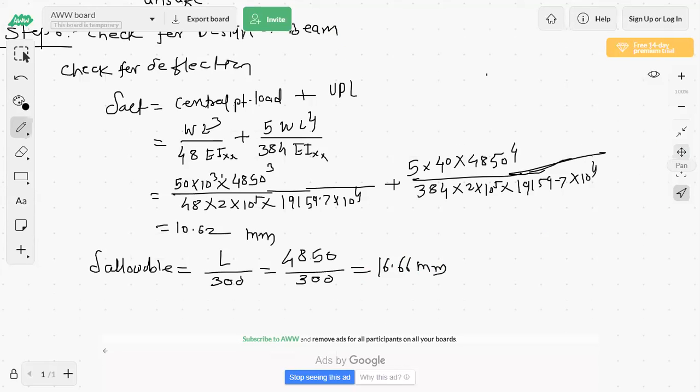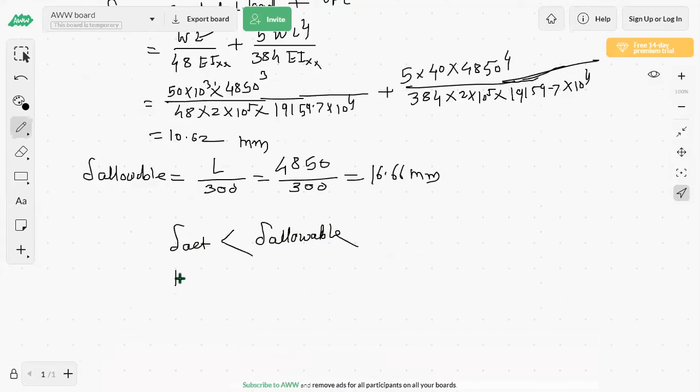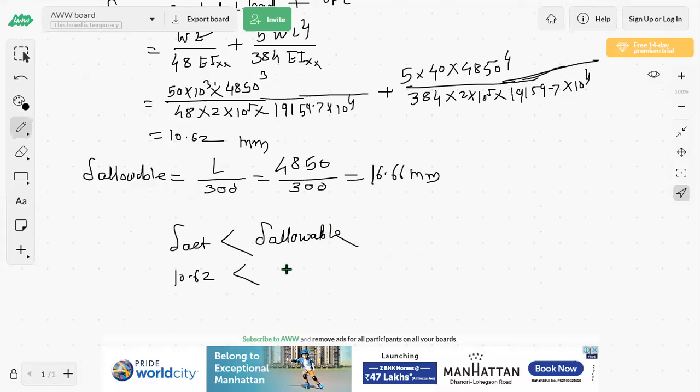So what is our check for deflection? Delta actual should be less than delta allowable. Here delta actual is 10.62 and delta allowable is 16.16. Hence safe.